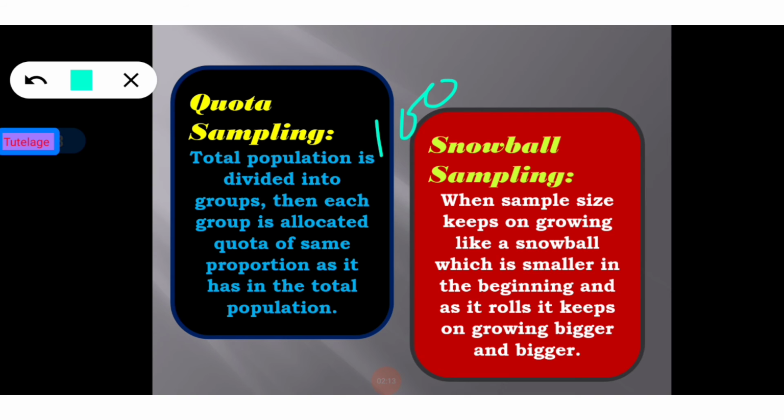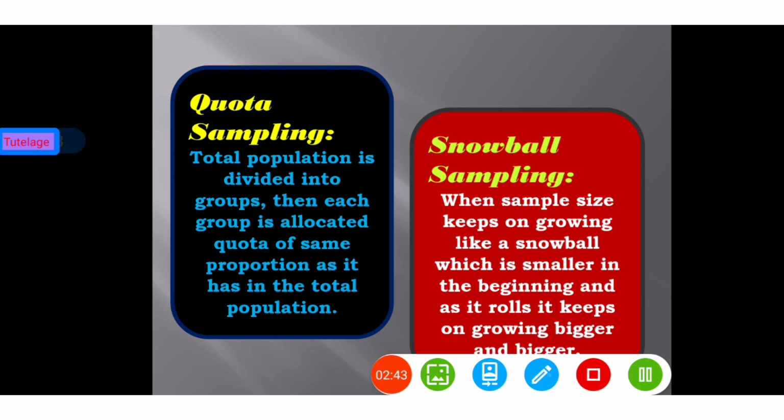That means in a sample size of 100, there should be 50 from science, 40 from social science, and 10 from language. This process is called the quota sampling process, and the selection is non-random, obviously.